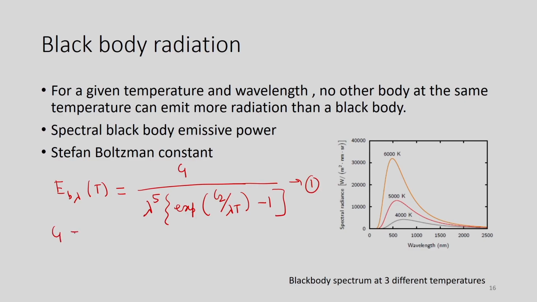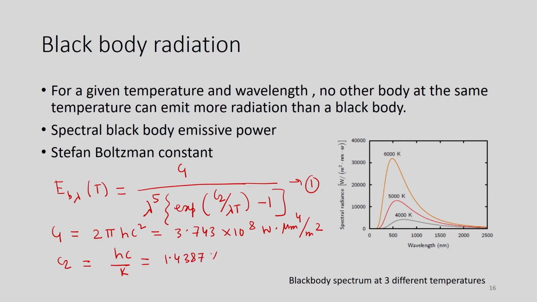C1 is 2 pi h c square, which is equal to 3.743 into 10 to the power of 8 watt micron to the power of 4 per meter square, once we substitute the value of Planck's constant and the value of c. C2 is hc by k, which is equal to 1.4387 into 10 to the power of 4 micron Kelvin.